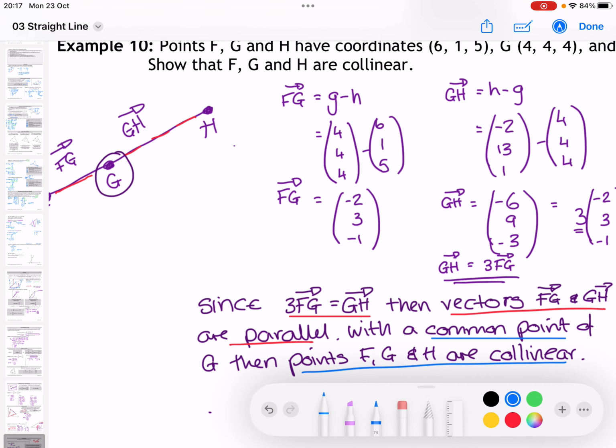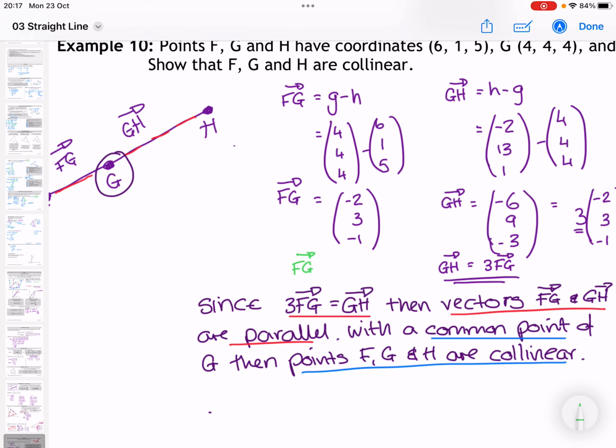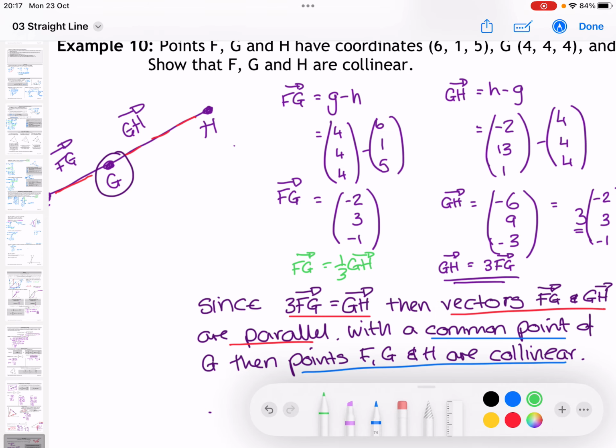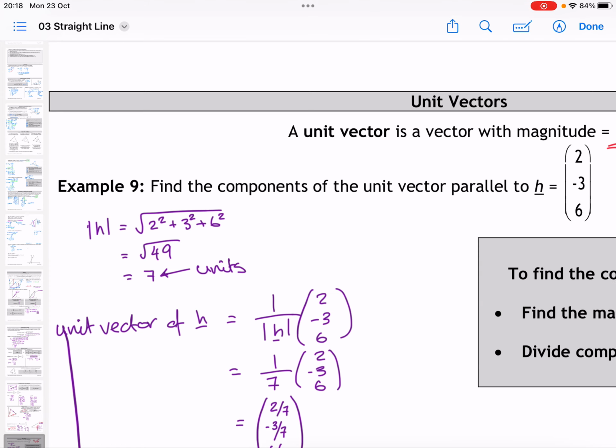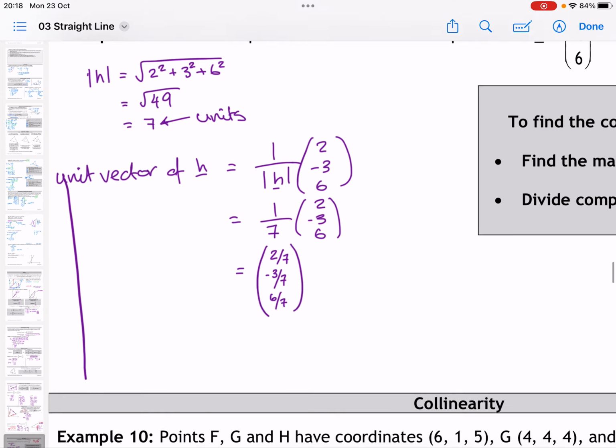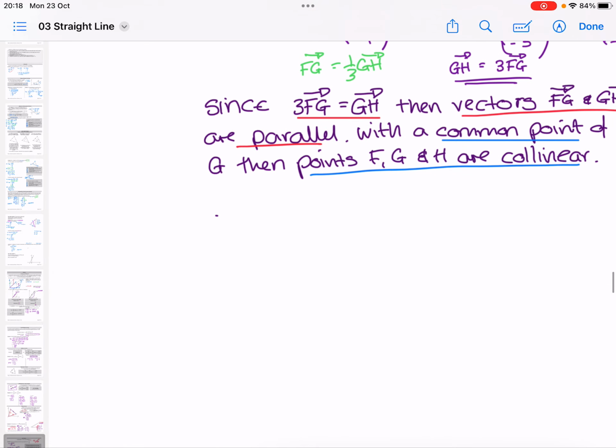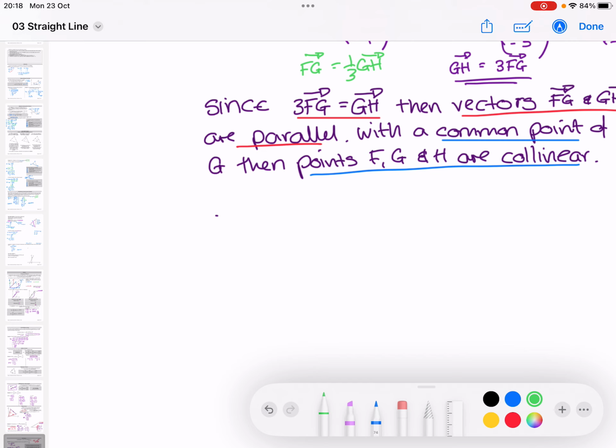Now, one of the bits, actually, when we are writing our comparison, we could also say that FG is equal to a third GH. Now, I don't do it in that way, simply because if you ended up on the wrong page, say, for instance, I'm just adding on to the notes now.